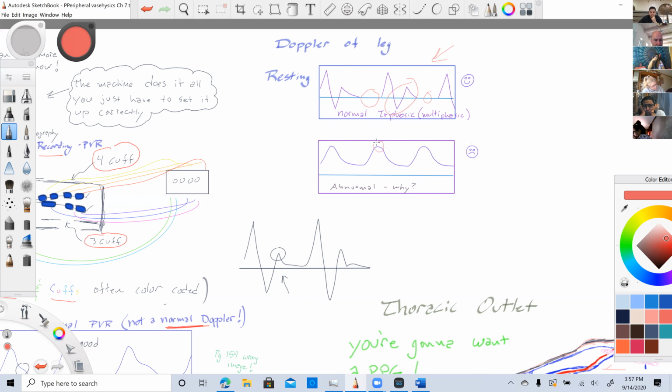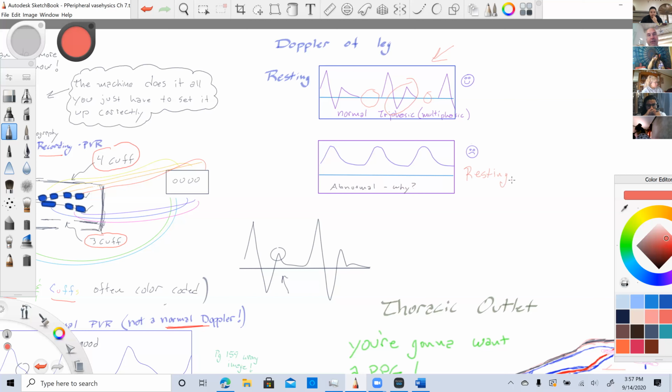We know that's bad. But look at this. No reversal, and in fact, constant forward flow. This person is resting, but their leg is acting as if they're exercising. This is somewhat what your leg looks like after you exercise.